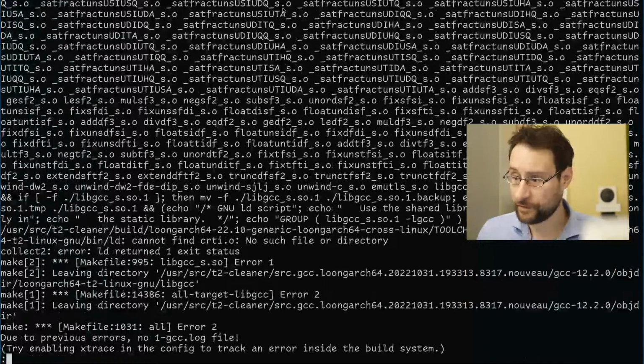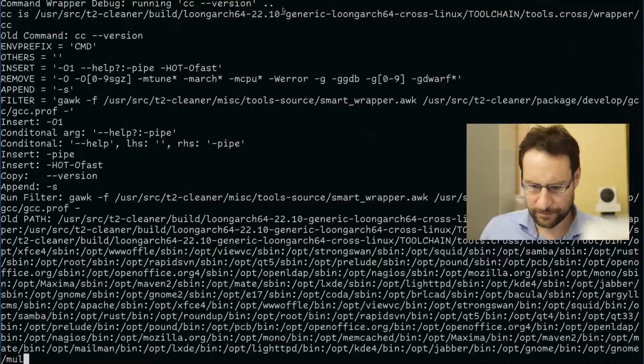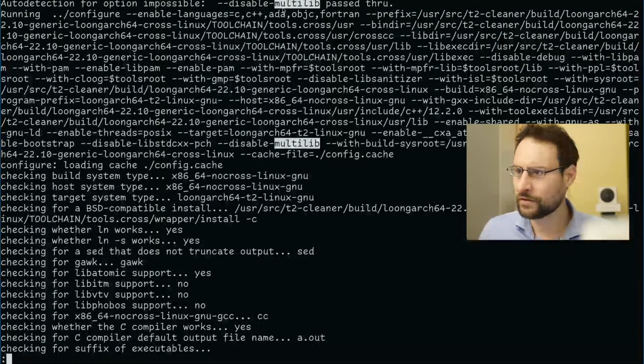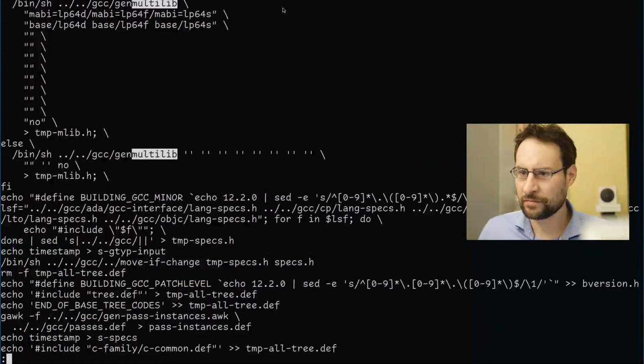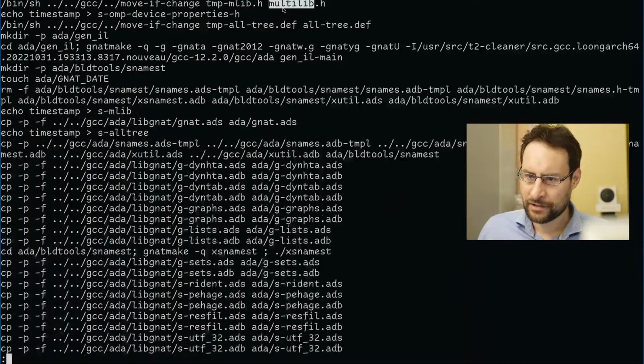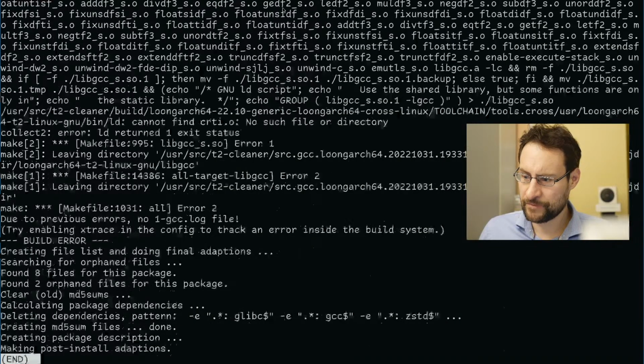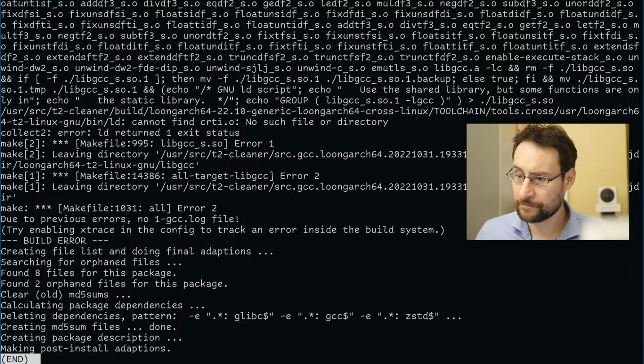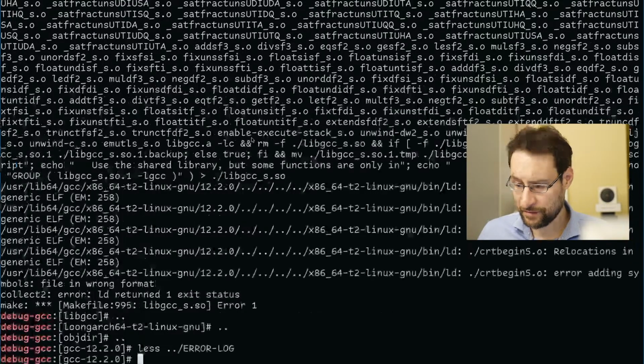Maybe not. What is the multi-lib? Can we disable multi-lib? Actually, I remember that there was some nonsense. Actually, now that I remember, that said, cannot find CRT.